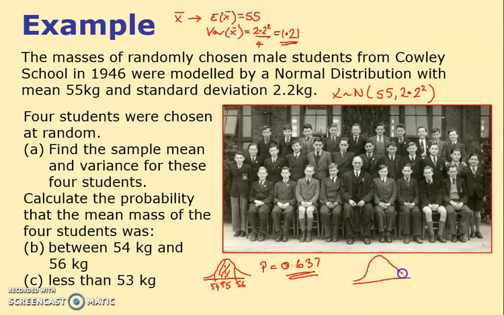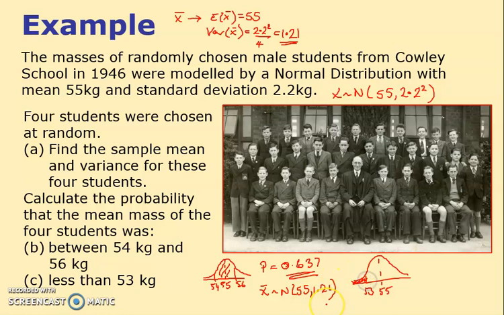What's the chance of it being less than 53? So it's very simple. There's 55, there's 53, and of course I'm using still this idea that x bar is normal 55, 1.21. But I don't have to change very much actually when I press equals and go back to it. Now my lower value, I actually now want this value.